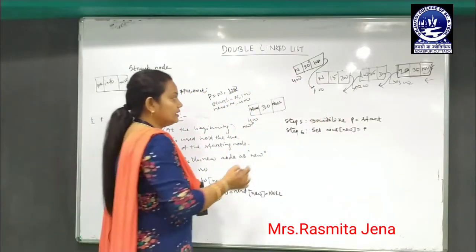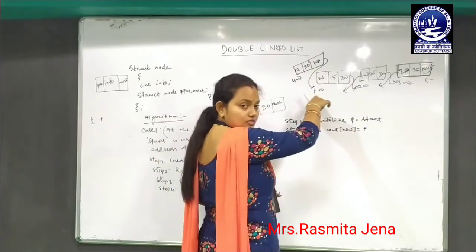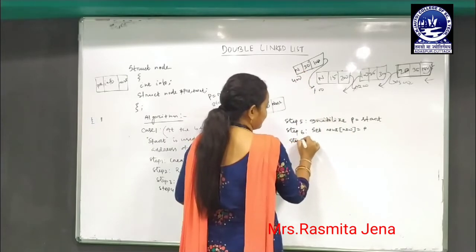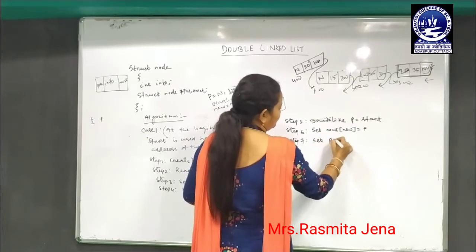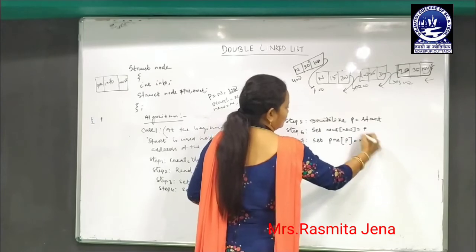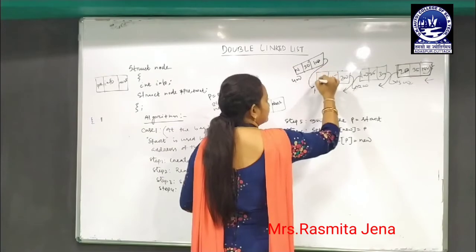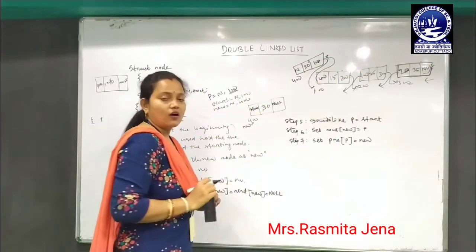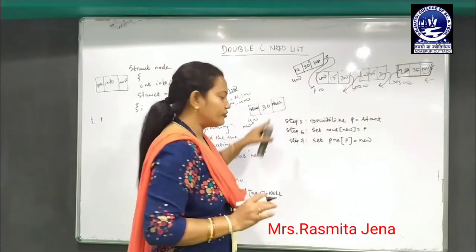Then next I will set the pre part of this node as the new node. So I can write in step 7 set pre of p equals to new. So it becomes 400, and this will point to this. You can see now our starting node is our new node, so set that value.